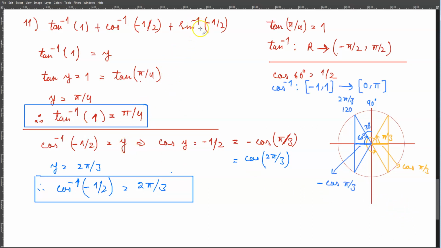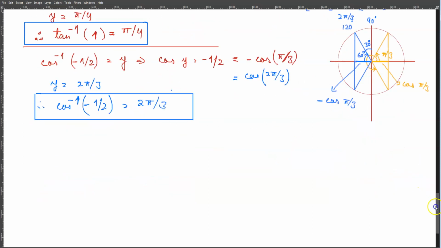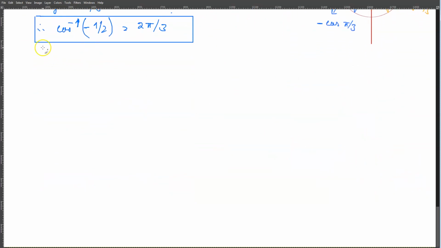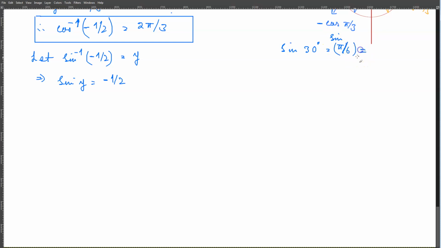Now we have also sine inverse of negative 1/2. Let's say sine inverse of negative 1/2 is equal to y, that implies that sine of y is equal to negative 1/2. Now I know that the sine of 30 degrees, which is pi by 6, sine of pi by 6 is equal to 1/2, right?